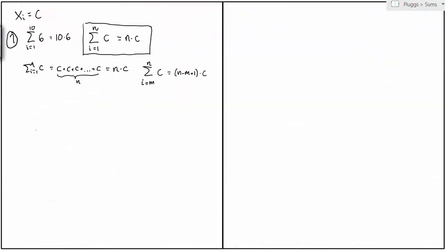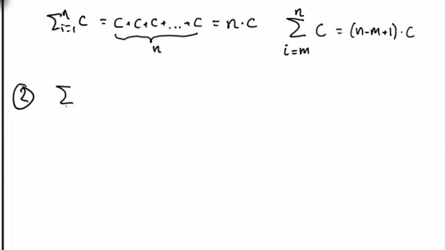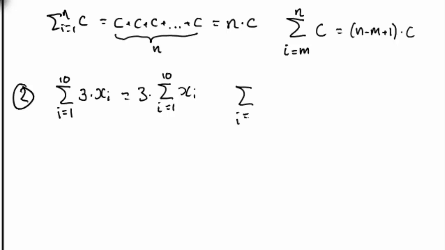Using mathematical symbols, what we just did was summation I goes from 1 to 10 of 3 times xi. And we said that was precisely 3 times as large as the sum where I goes from 1 to 10 of xi. So the general result here is that sum I goes from 1 to an arbitrary n.